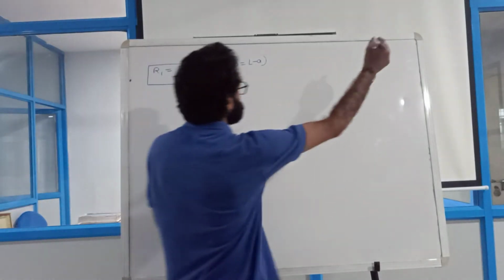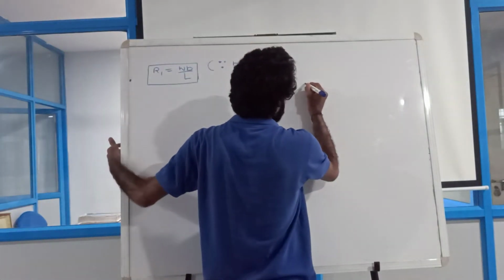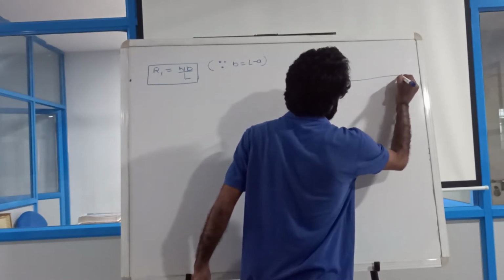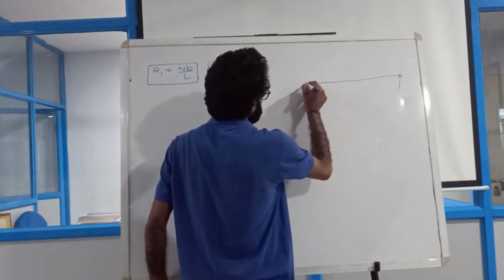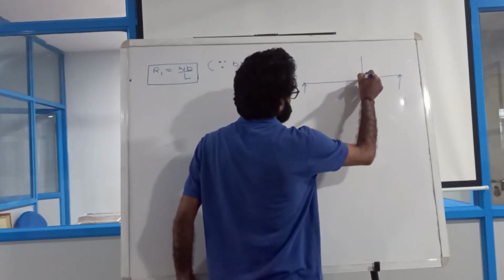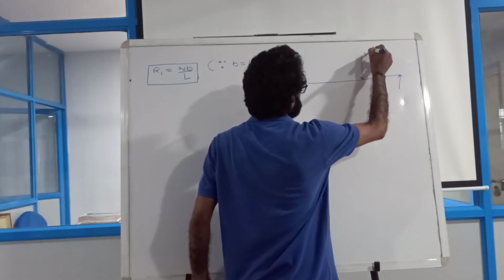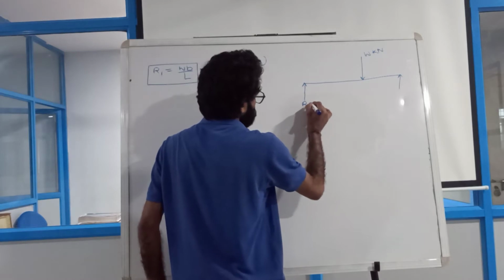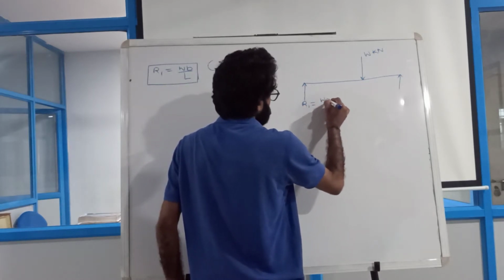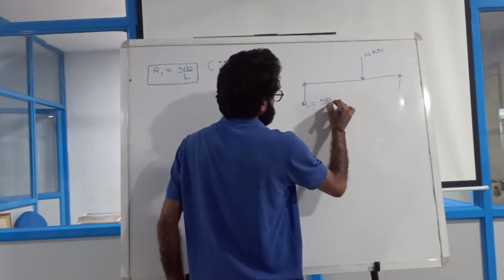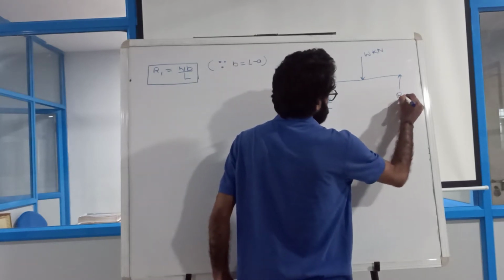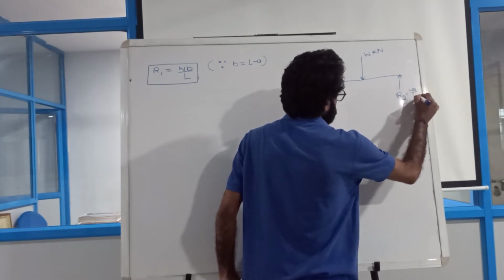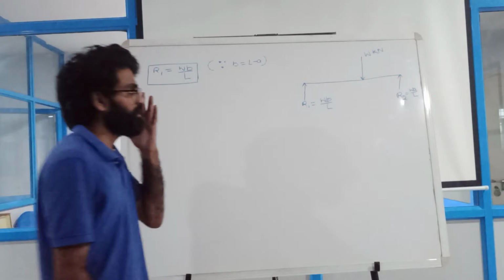So I got my R1 value, WB divided by L, and my R2 value is equal to WA divided by L, and my total length is L, as we all know.